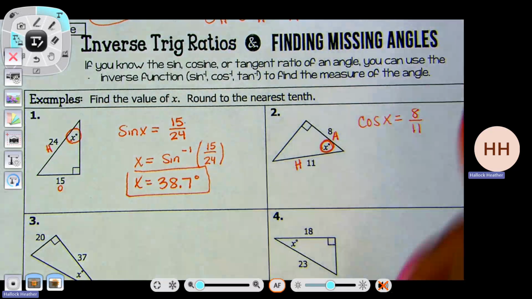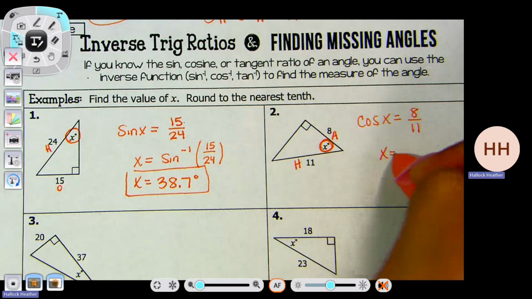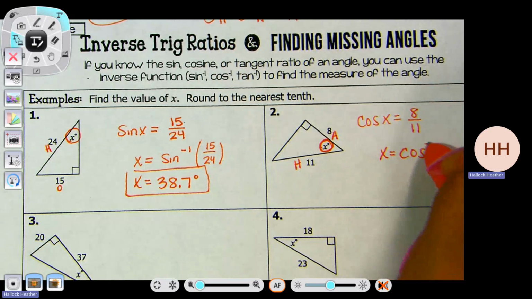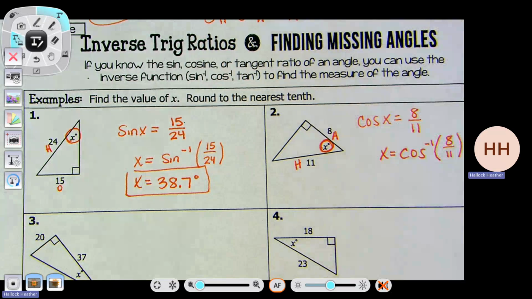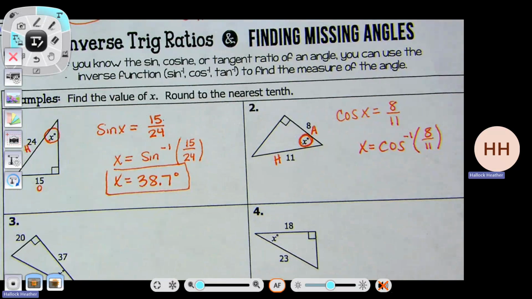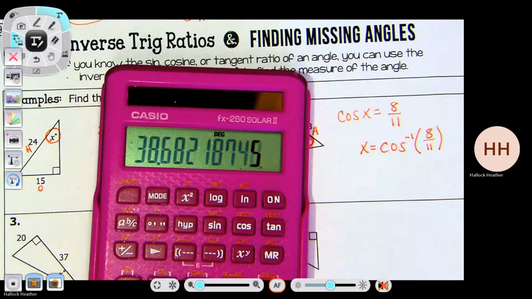And then you're really finding the angle. Anytime you're finding an angle, you are just taking the inverse. So it's just a new button. So we're going to say cosine inverse 8 over 11. So in your calculator, you have to do 8 divided by 11 first. Press equals because you're going to need that decimal.